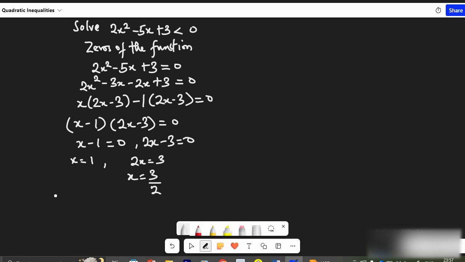So now we want to find the range of values for which this expression, or expressing it as a product of its factors x minus 1 and 2x minus 3, is less than 0. Okay, so let's move to our number line.